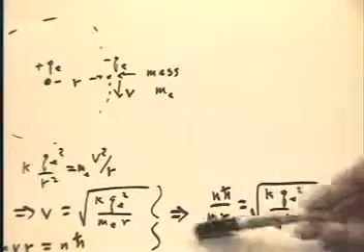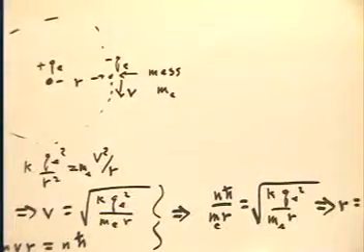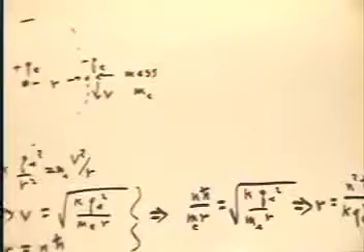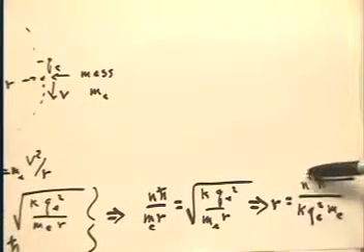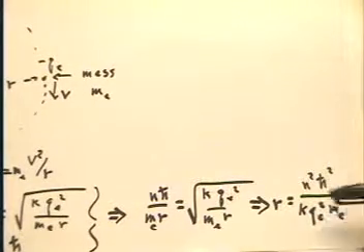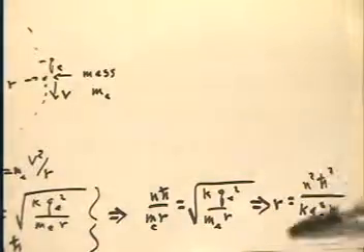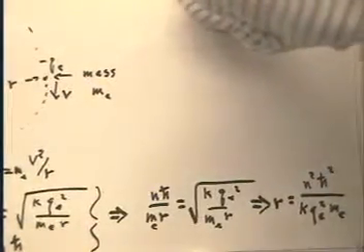So we get the equation that we see here. We solve this equation for r, and we see that r has to equal n squared h bar squared over k qe squared me. There's our symbolic solution for the radius of the nth Bohr orbit.